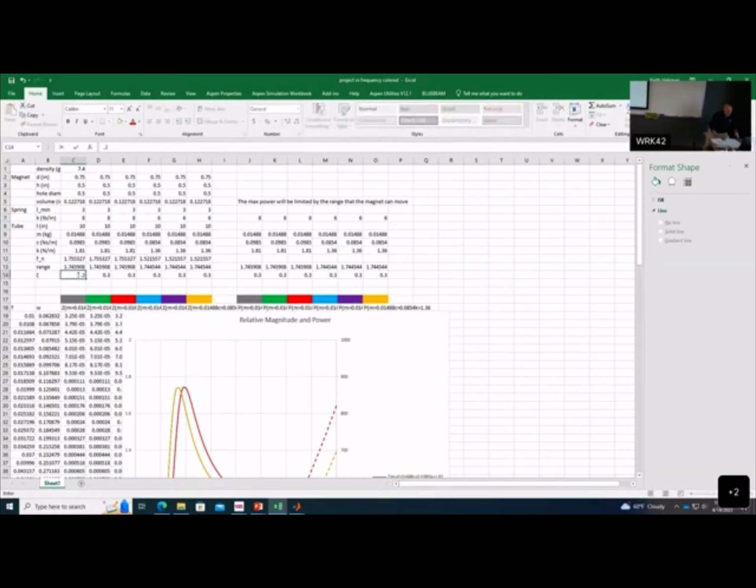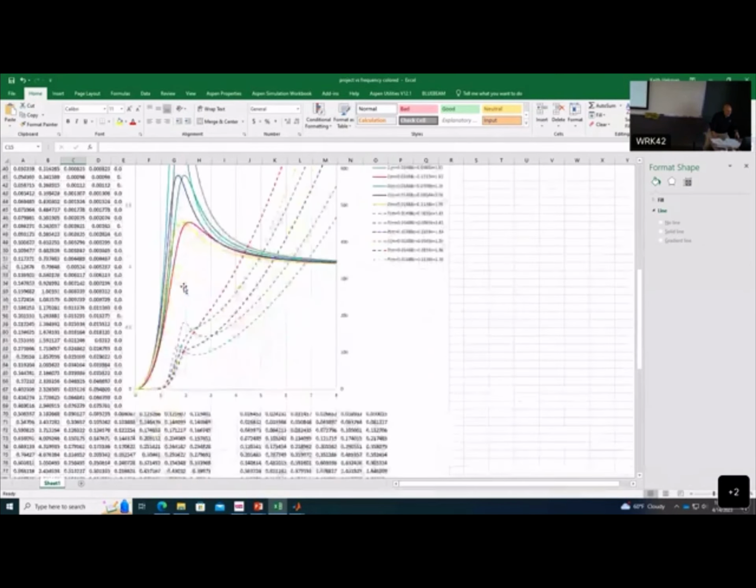So what happens if we do a xi of 0.2, 0.3, 0.4? Now we have a different range.